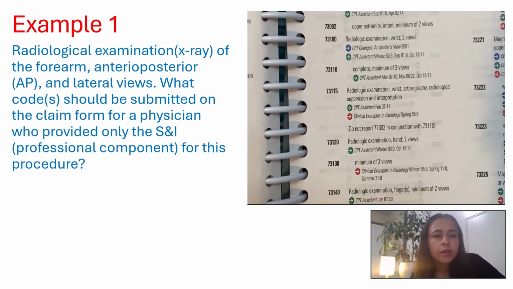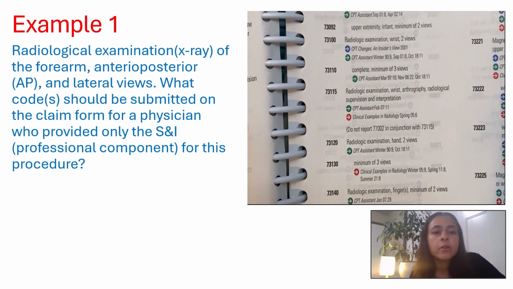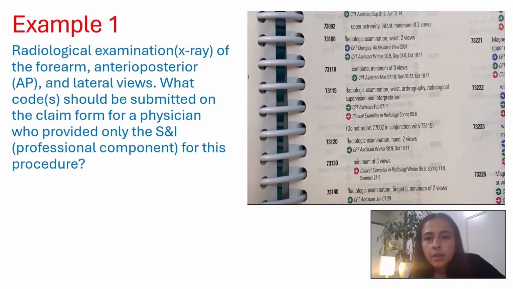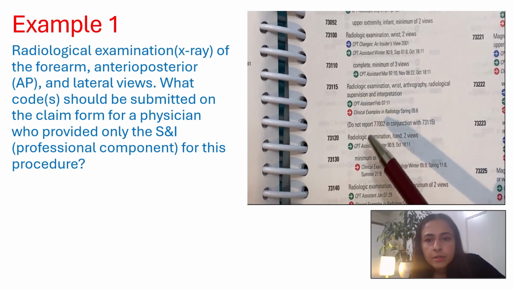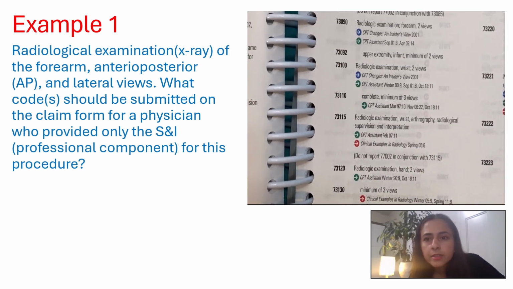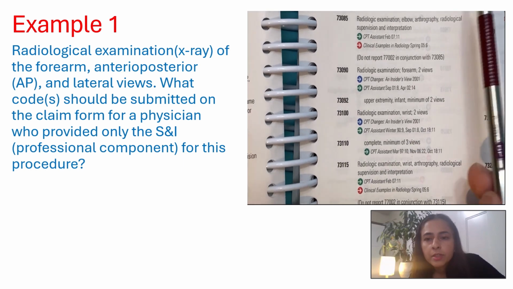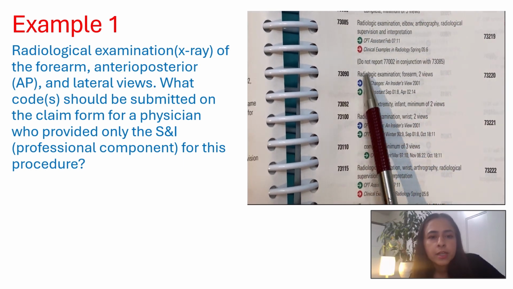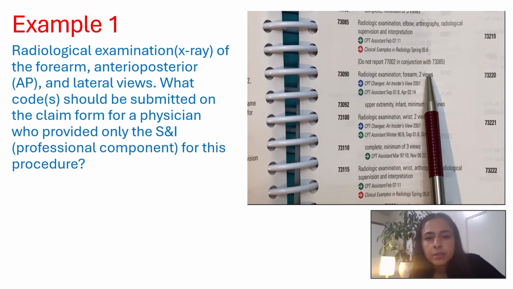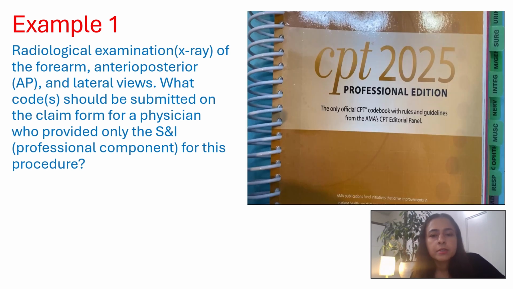The claim is for the physician who provided only the S and I, which is the supervision and interpretation. So here, the radiological examination for the forearm has 2 views, the anterior posterior and the lateral view. That's the 2 views, so it's 73090. So that is the code for this question.